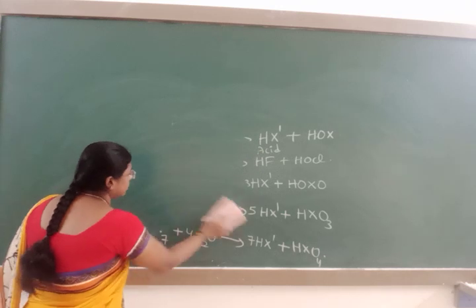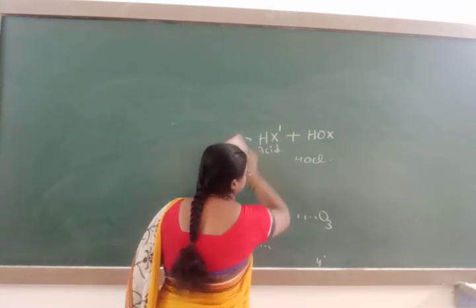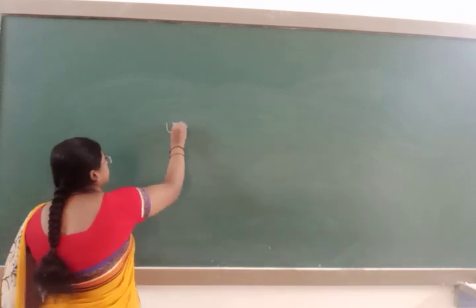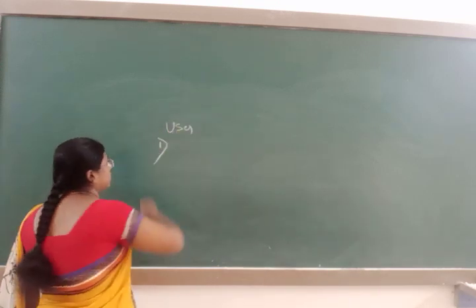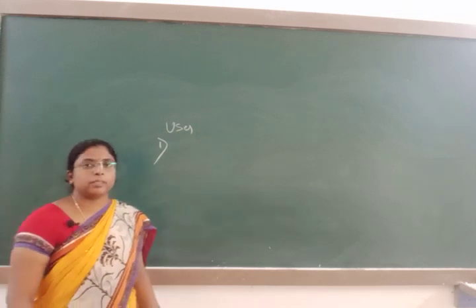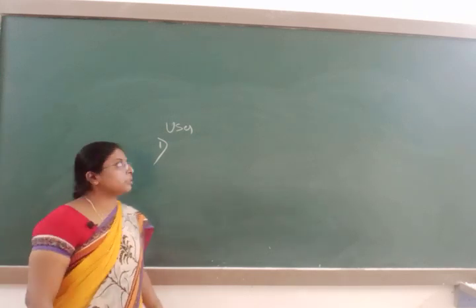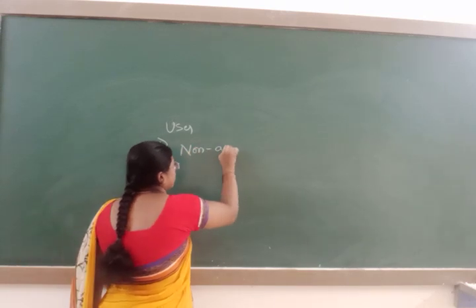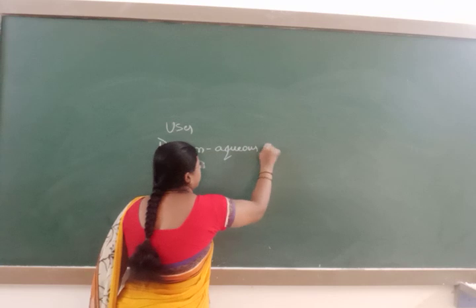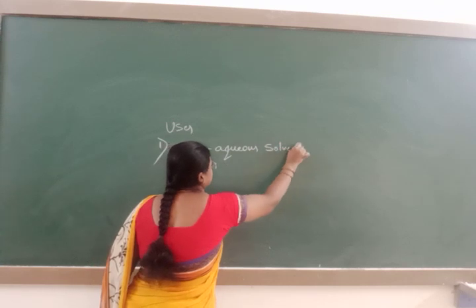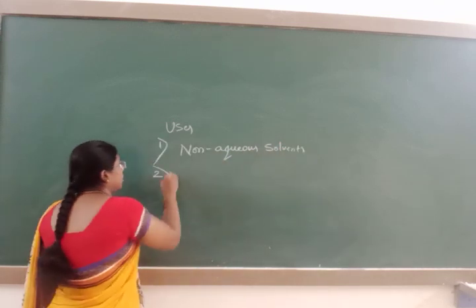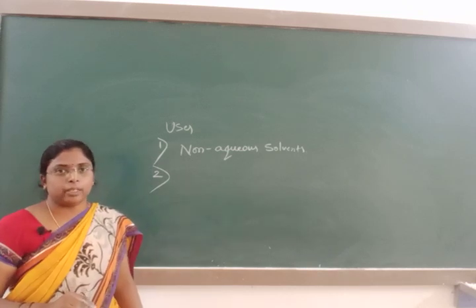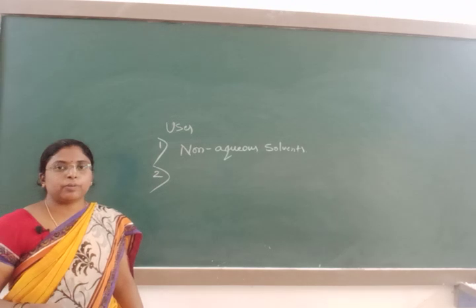Last come the uses of interhalogen compounds. These interhalogen compounds are generally used as non-aqueous solvents. Interhalogen compounds act as fluorinating agents; they provide fluorine atoms.